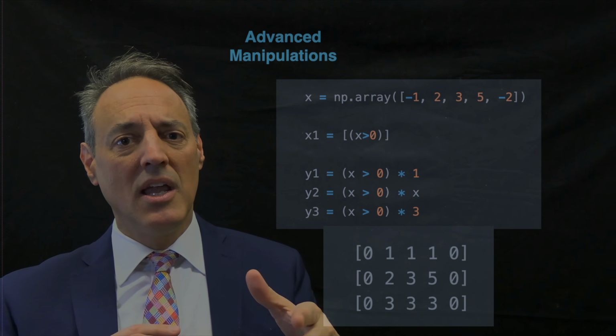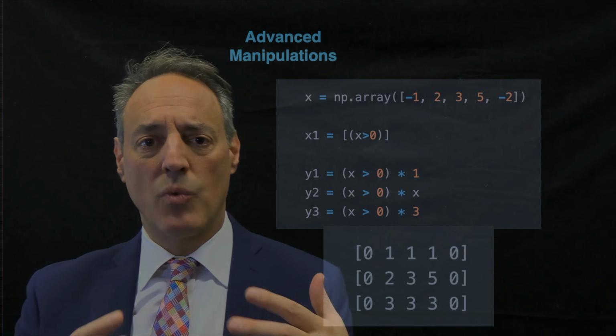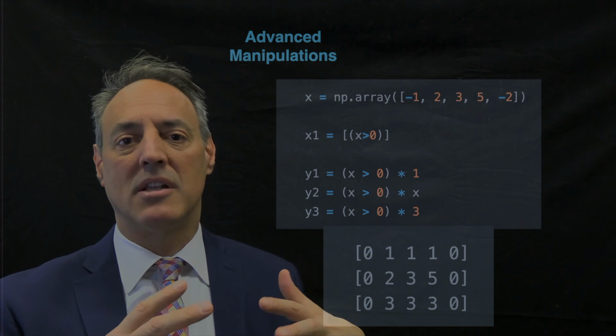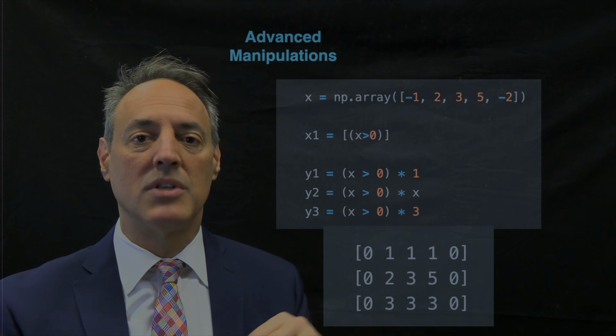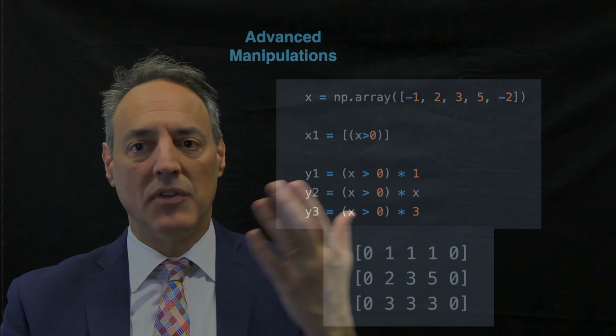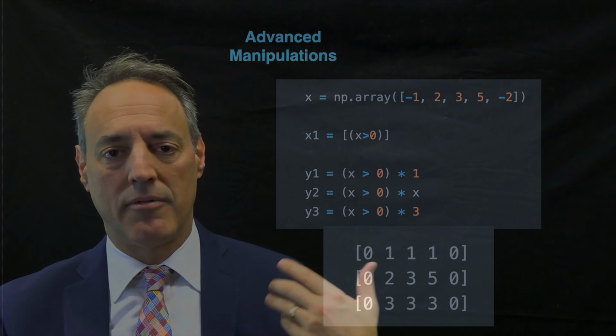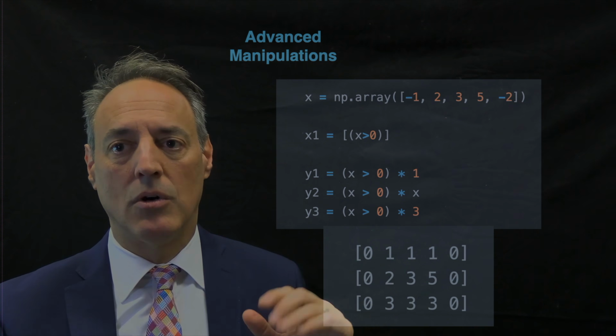So you can see there's some really nice ways to manipulate matrices, pull out all the positive values, pull out all the negative values, set everything else to 0. These are the simple commands that you can do versus having to write some kind of loop to do this. So Python has built in quite a bit of functionality there for us to use, and we want to use it as we go along.